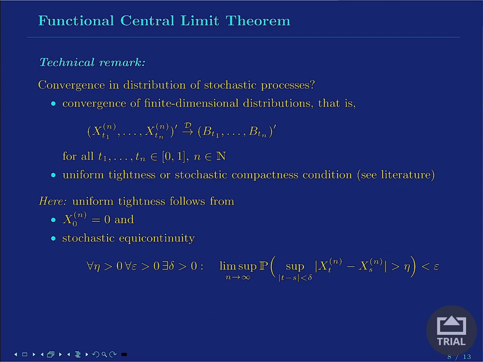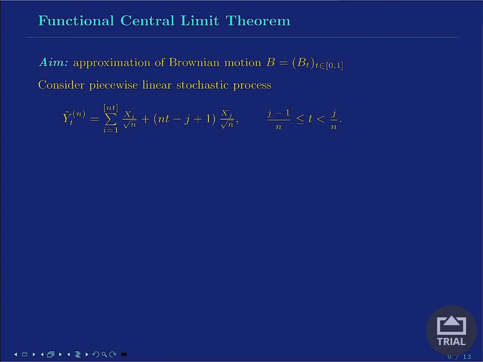Again, we won't use stochastic equicontinuity, but it should be at least pointed out that in general to show convergence in distribution for stochastic processes, we cannot just rely on convergence of finite dimensional distributions. That can go wrong, and we'll actually have an example in just one of the next slides.